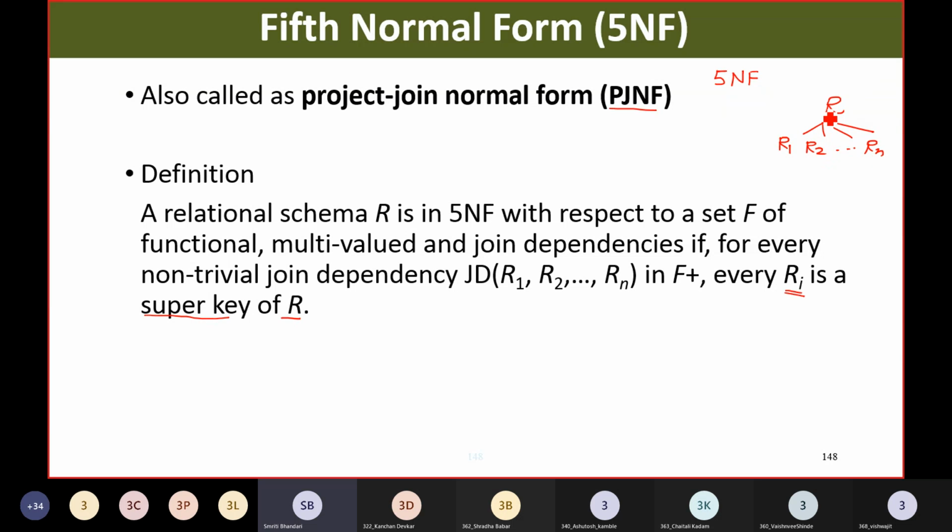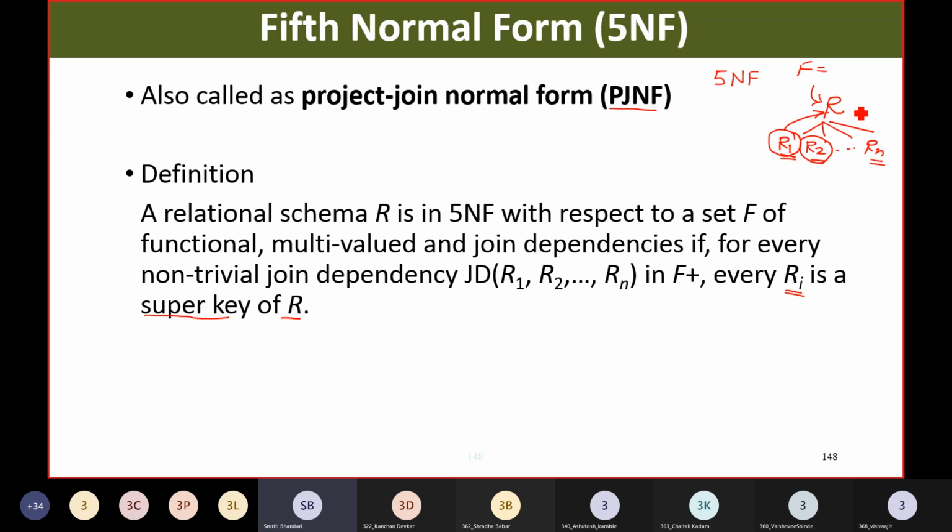We say that a relation schema R is in 5NF with respect to the given set of functional dependencies, multi-valued dependencies or joint dependencies if for every non-trivial joint dependency, every Ri, meaning R1, R2 up to Rn, forms a super key of this original relation R. So in my decomposition, I have R1, which is one relation, and R2, which is another relation.